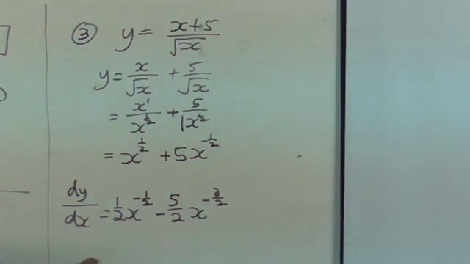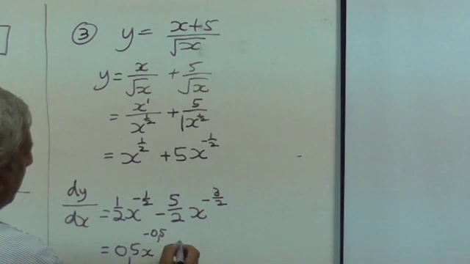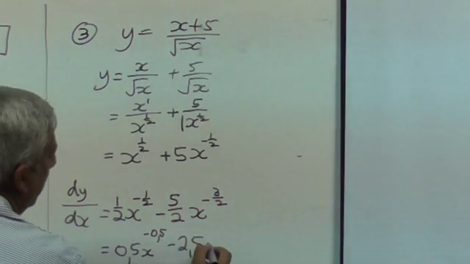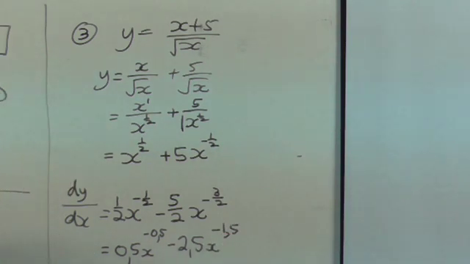This answer could also be written as 0.5x to the negative 0.5 plus 2.5x to the minus 1.5, just in case you converted them into decimal fractions. So if you left it in fractions, that's your answer. If you brought it to decimal fractions, that's your answer.